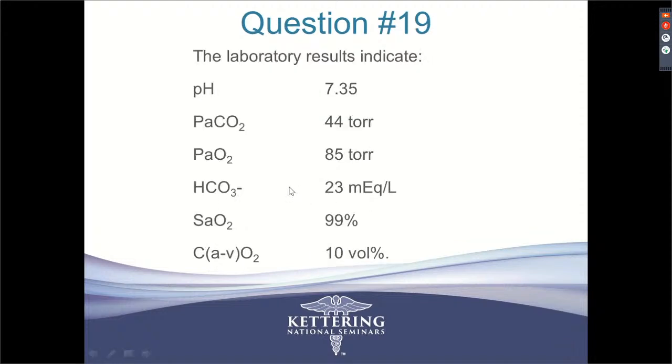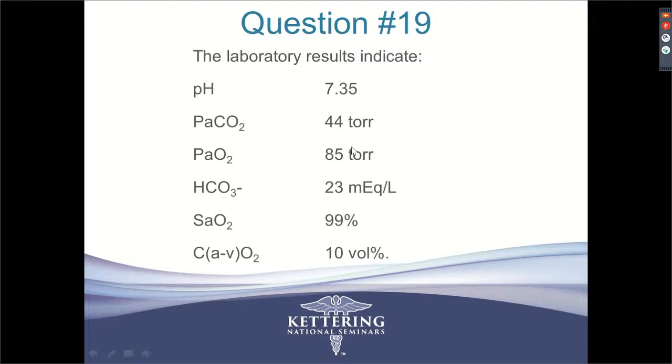So I come over here, I look at my CO2. That looks pretty good. It's less than 45, so that's okay. My PO2 is good. No problem with oxygenation. And then I've got 7.35 up here. So again, no problem with acid-base balance. So I'm sitting here thinking, well, everything looks good as far as the blood gas.